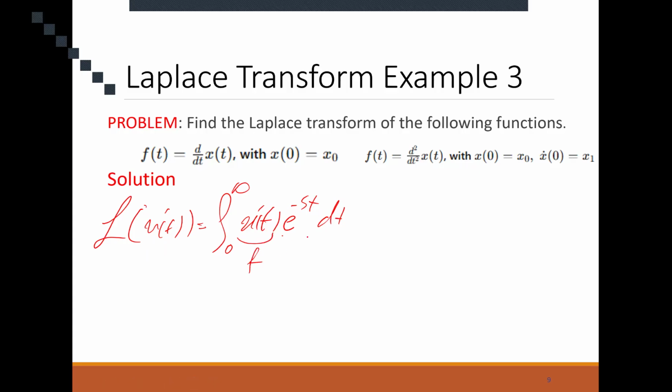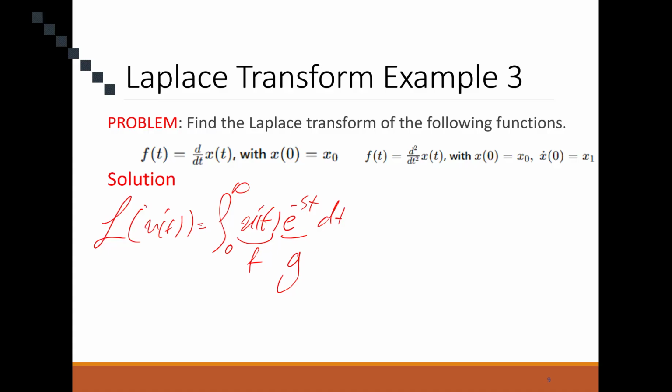Again, we have fg. We can use the mathematical definition for the integral of the multiplication of two functions. It's going to be time consuming.